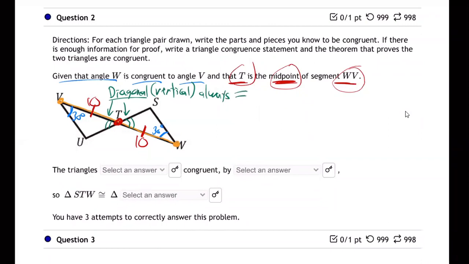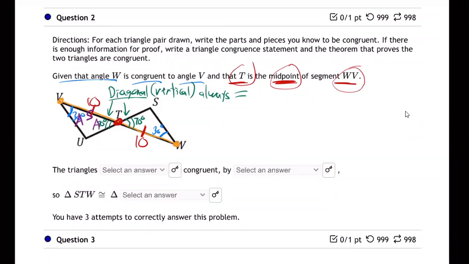Okay, so now do we have enough information to prove that those two triangles are identical? We actually do. Again, I don't know what those angles are. Maybe this is 70 degrees and 70 degrees or whatever. But we have enough now, don't we? Because we have an angle, a side in between, and another angle.